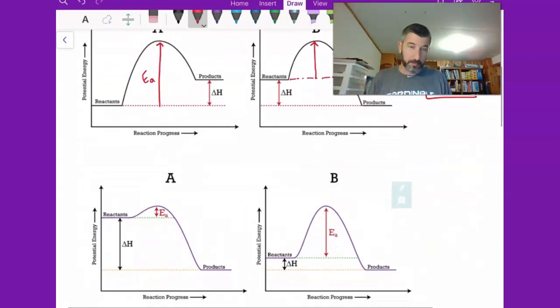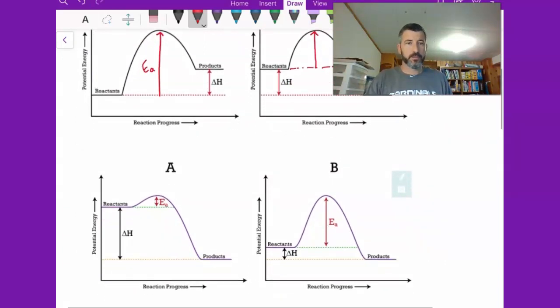So here's a couple more looks at activation energy. What do you think about these reactions? They actually have something in common in terms of endothermic, exothermic. Yeah, you should say that they're both exothermic, the reactants are higher in potential energy than the products. That's true in the left and it's true in the right.